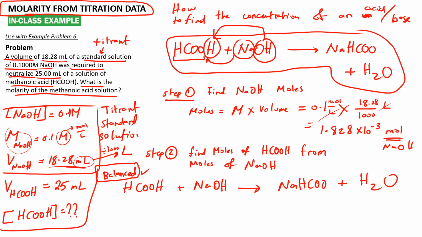So Na 1, Na 1, C 1, C 1, O 3, O 3, H 3, H 3. So it's balanced. So now the coefficients, you'll find that the coefficients are 1 here and 1 here, right?